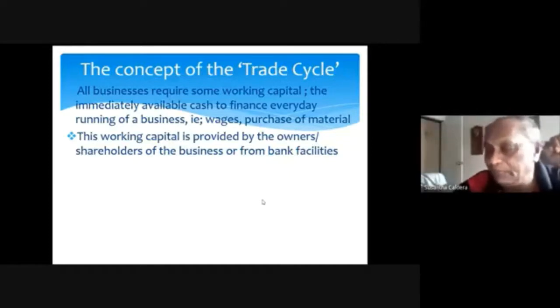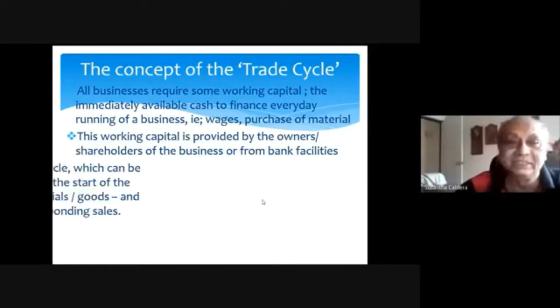If you have any friends in Commercial Bank, what you can do is double check with them. Definitely they will say, oh, we give to our customer, and the customer tells us that you give it. That is the way the customers are behaving. Right? This working capital is provided by the owners or shareholders of the business or from the bank facilities.